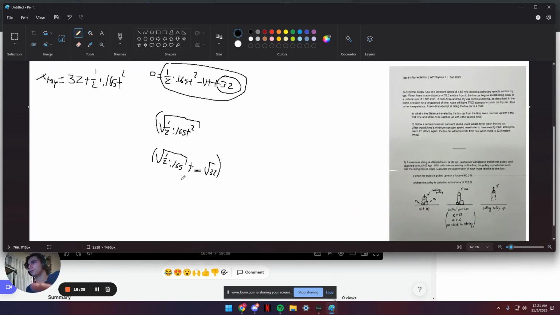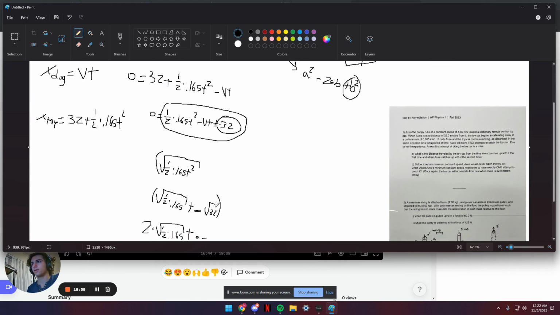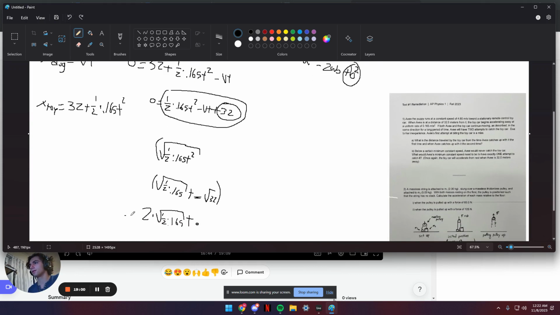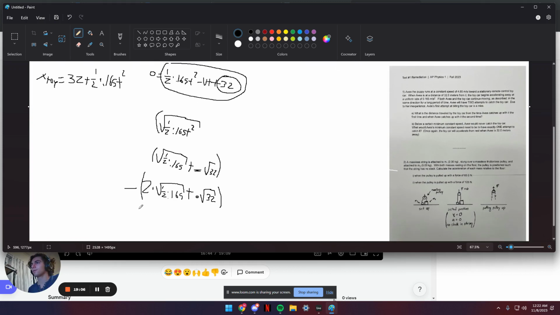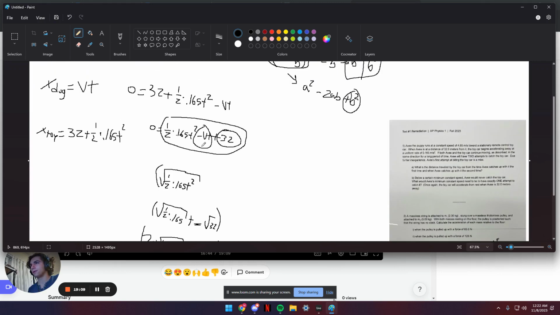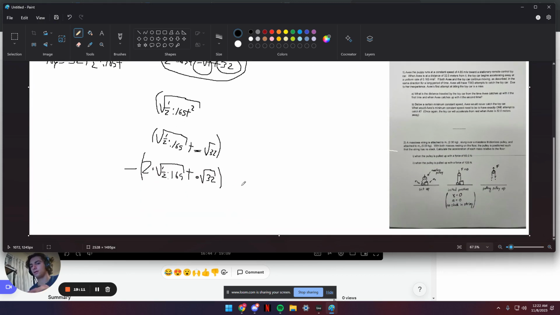So we know a and b, so basically we just have to multiply 2 times the square root of 1/2 times 0.165 t times, this is all negative, the square root of 32, and that would give us this middle value in which we have the unknown.